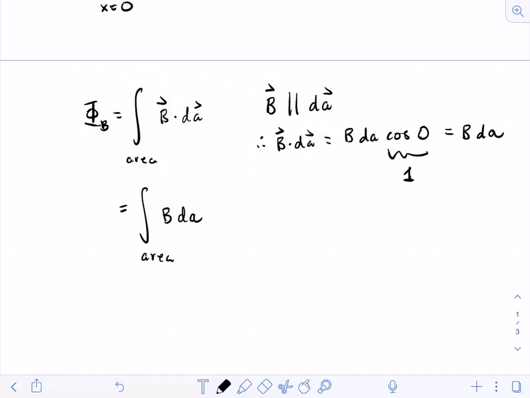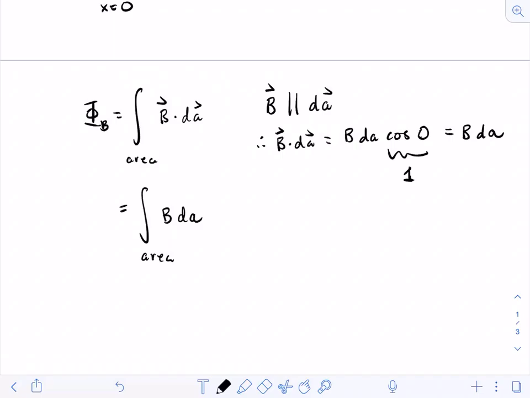Now, in previous problems, what we often found is that the magnetic field, say, was constant, or if it was an electric flux kind of calculation, we'd say the electric field was constant over the surface of some area that we were integrating over.